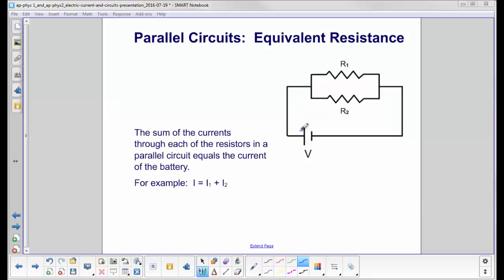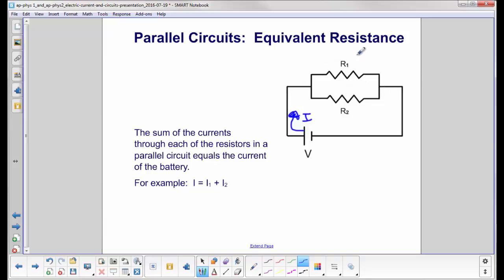Let's start with the current. You have a current I coming out of the battery. This is conventional current, flow of positive charges. And it comes up here, and the charges have a choice. Some will go here, some will go this way. But whatever charges enter, the same amount of charges must leave. That's called the conservation of charge.